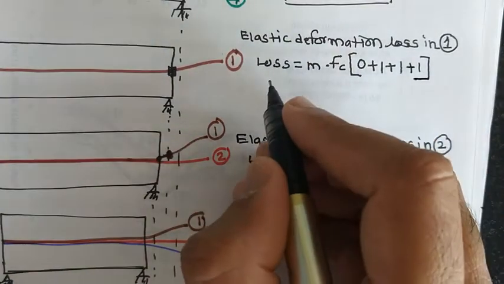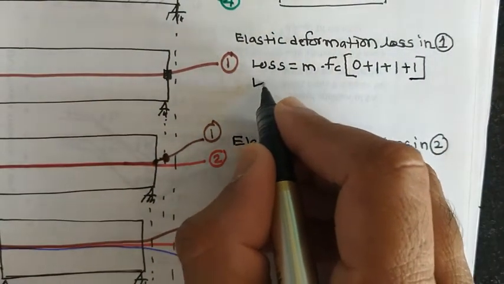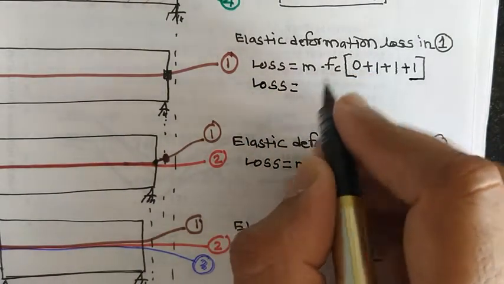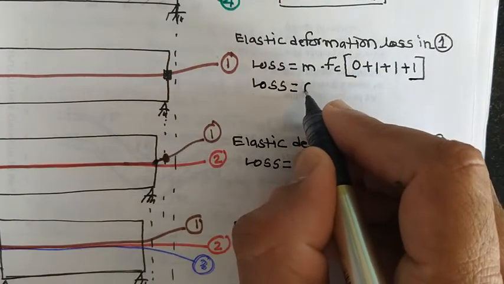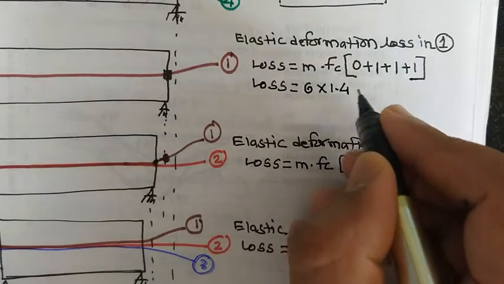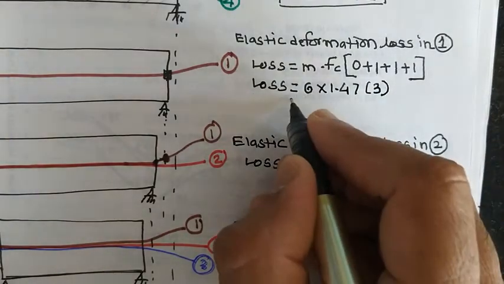Then how to find out the elastic deformation loss in each wire? The loss due to elastic deformation in the first wire is m equal to 6 multiplied by fc, 1.47, multiplied by 3.